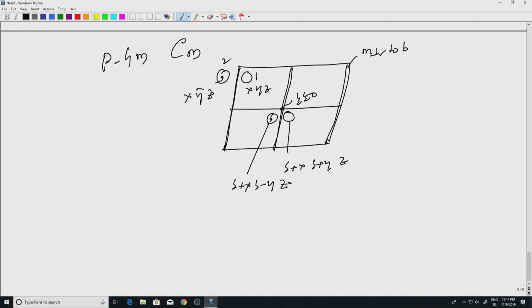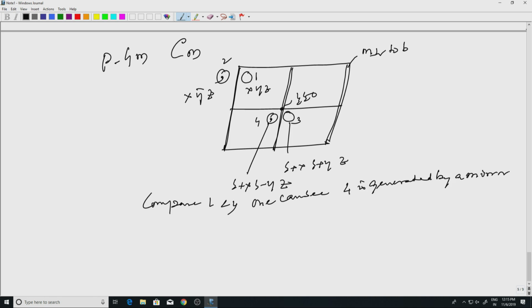One, two, 3, 4. Compare 1 and 4. One can see 4 is generated by a mirror at b by 4 perpendicular to the b axis.